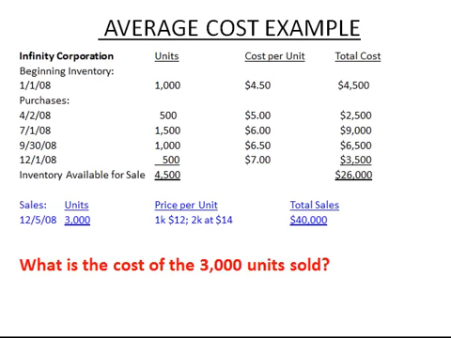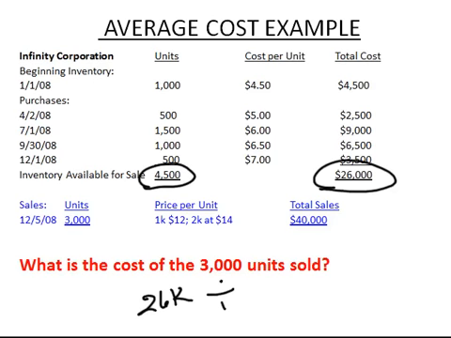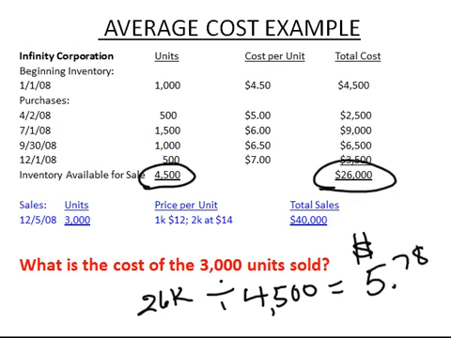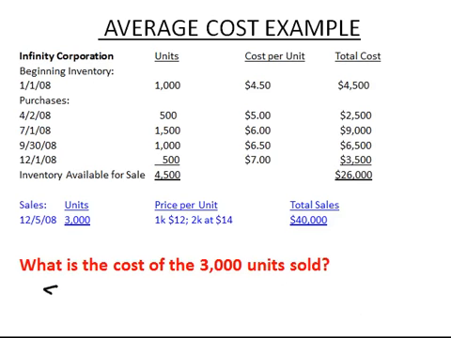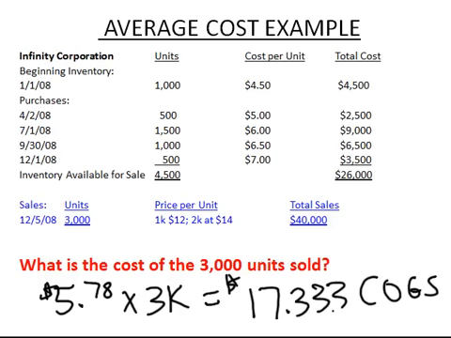A third alternative is to calculate a weighted average cost. Here we will take our total costs and divide by the total number of units. The weighted average cost per unit is $5.78. We will take the $5.78, multiply it by the units sold to calculate our cost of goods sold.